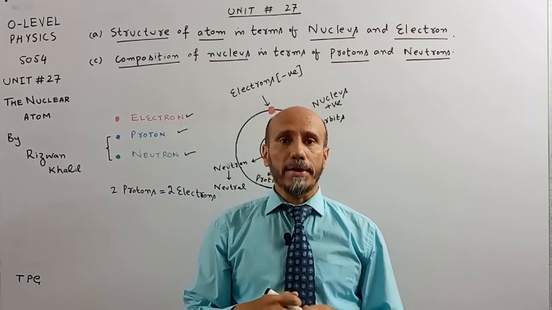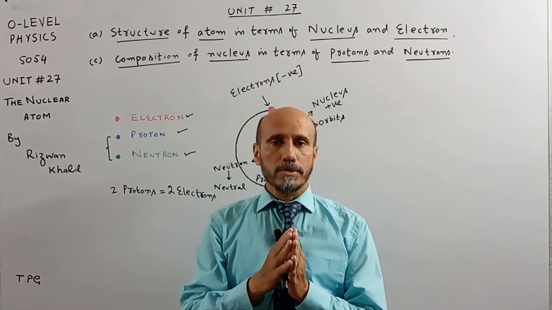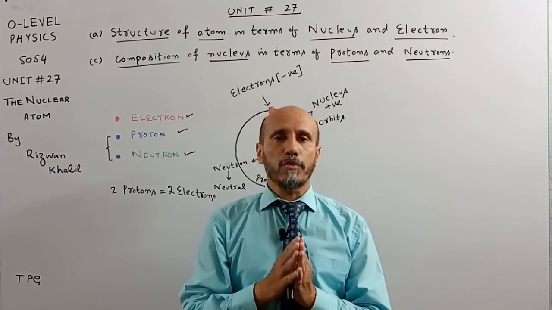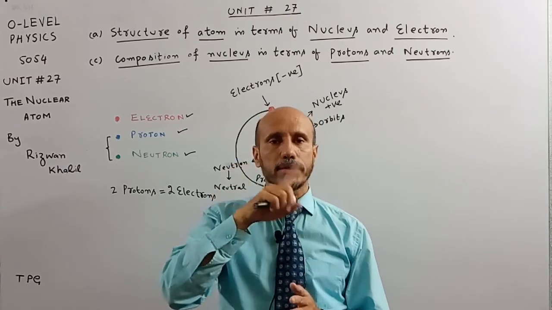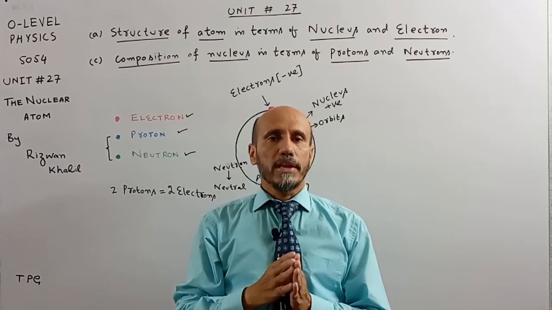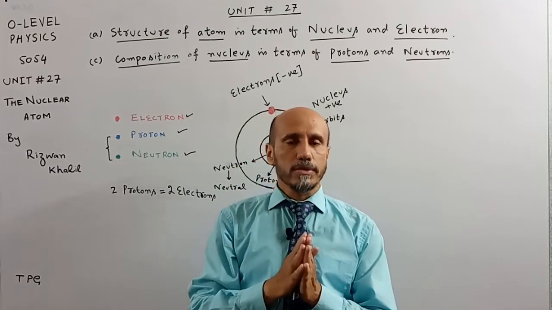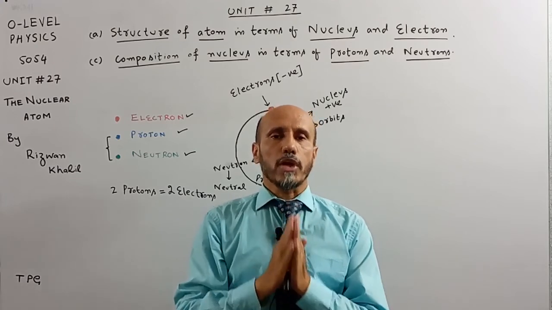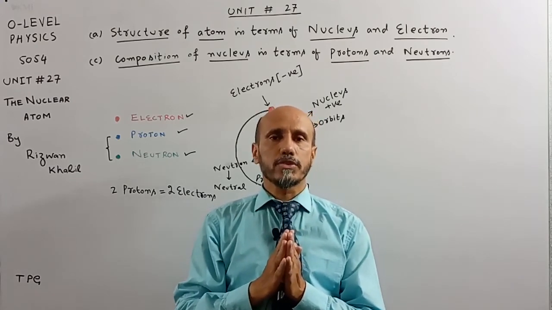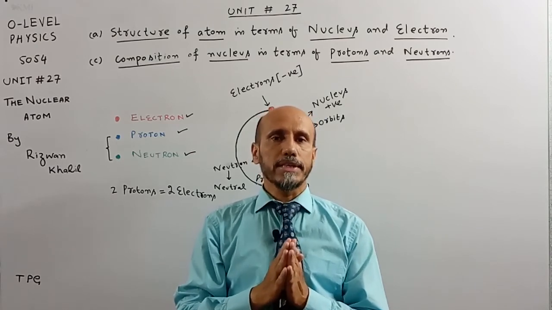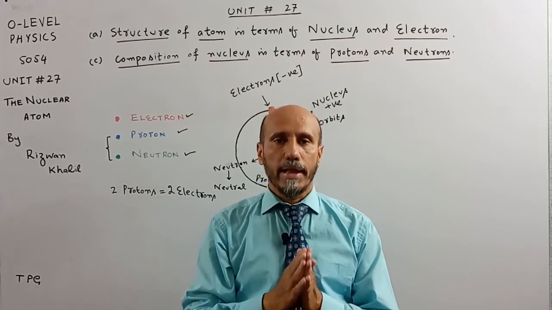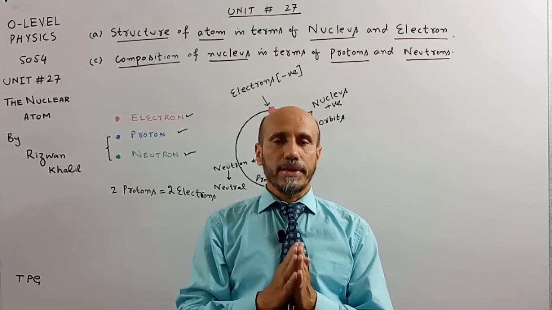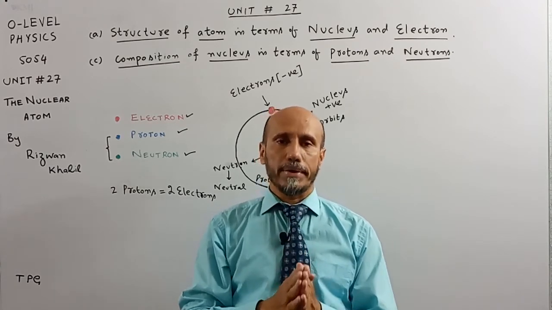Why is the atom a neutral particle? Because the number of protons inside the nucleus is equal to the number of electrons revolving around the nucleus. Let's suppose it carries two electrons, then definitely it carries two protons. So the charge on the electrons will be equal to the charge on the protons, but since electrons are negatively charged and protons are positively charged, they will cancel each other. Therefore the atom is a neutral particle.